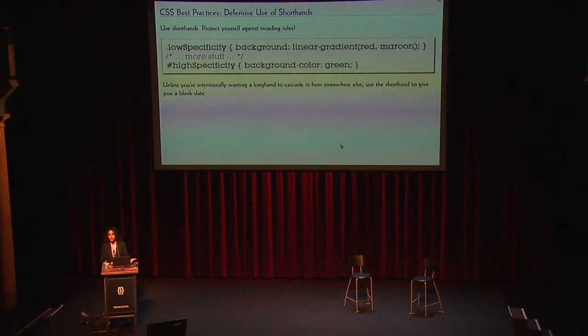If you set border: none, that will also reset the border image, so that when you say border: none, you get a blank slate. There is no border. If in level 5 we add a border-character-left property, that will also get reset by the border shorthand. So this is a way to protect yourself from unintended cascading.